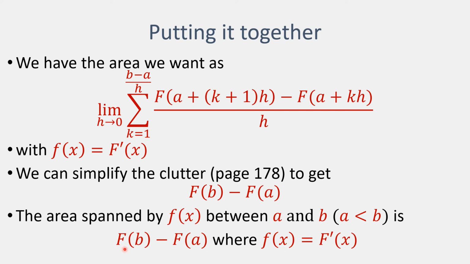So big F at the upper point minus big F at the lower point, where this function large F has a property that when we differentiate it, when we form its first derivative, the outcome is our function small f of x. So I'm going to have to introduce a little bit more terminology, a little bit more notation here.